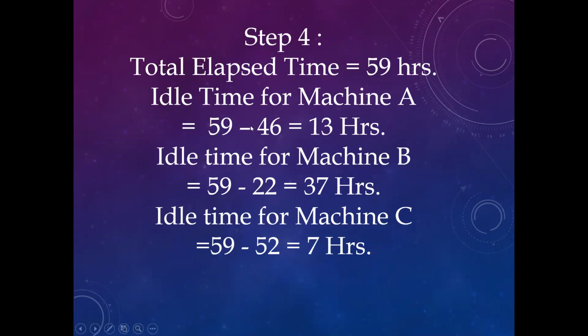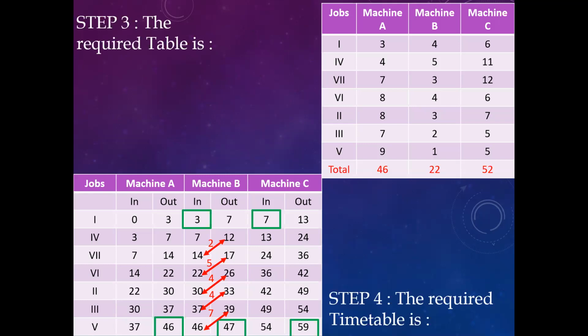Then the shortcut which I taught you all was 59 minus 46. All the columns you have to subtract from the total elapsed time. So 59 minus 22 and 59 minus 52. The trick I have also explained to you all is how to check whether your final answer is right or wrong. So for machine A it will be 59 minus 46.